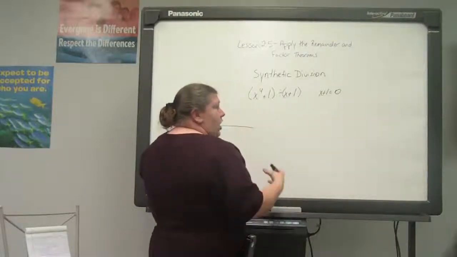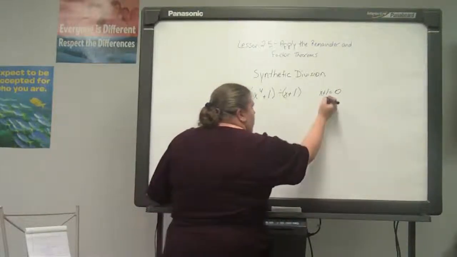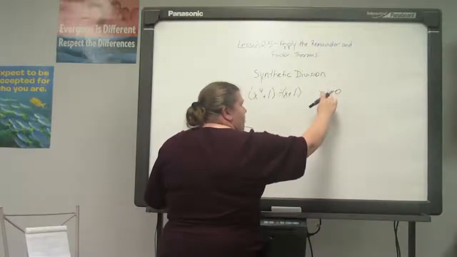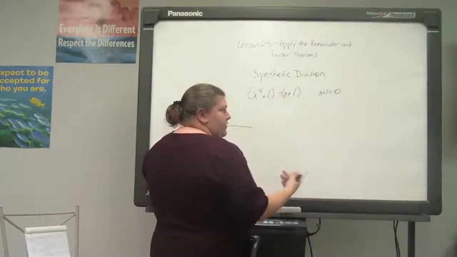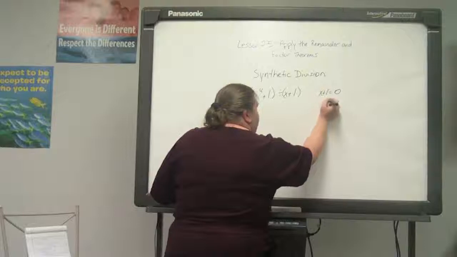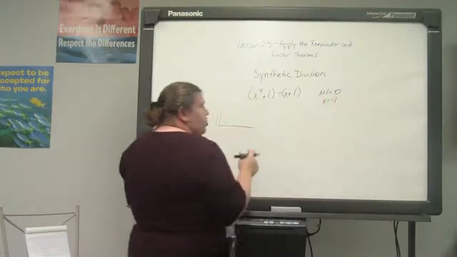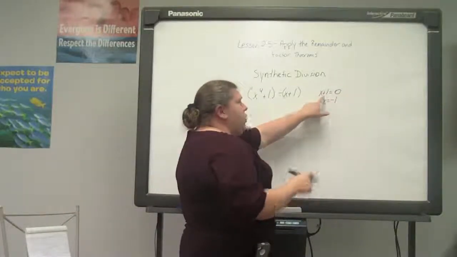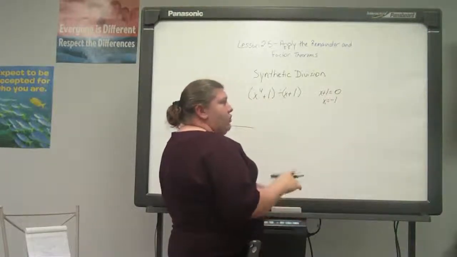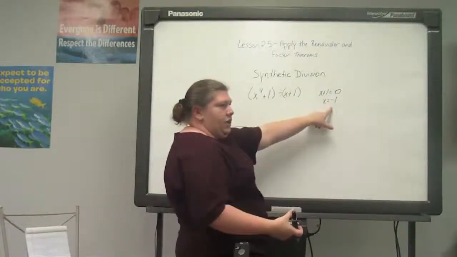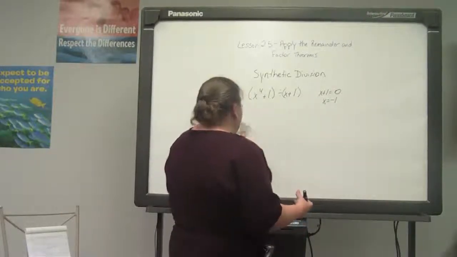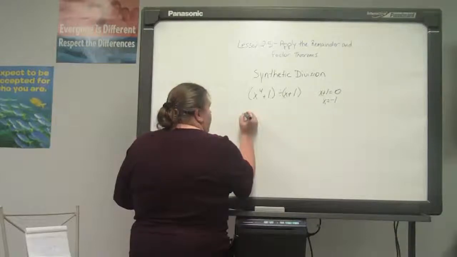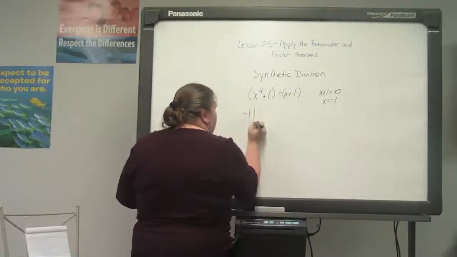We need to get x all by itself. So we have to move our positive 1 to the other side of the equal sign, which means it changes signs. So x equals a negative 1, because when you move it you have to do the opposite operation, which is negative.